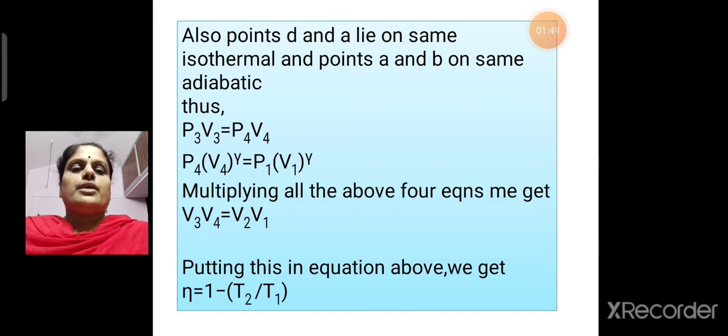Multiplying the four equations, we get V3/V4 is equal to V2/V1. Substituting this value in the equation for efficiency, we get η = 1 − T2/T1. This is the equation for efficiency of a Carnot cycle.